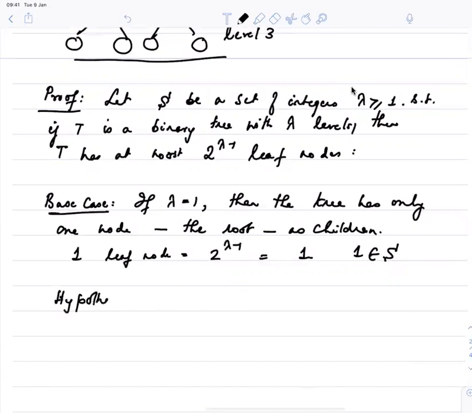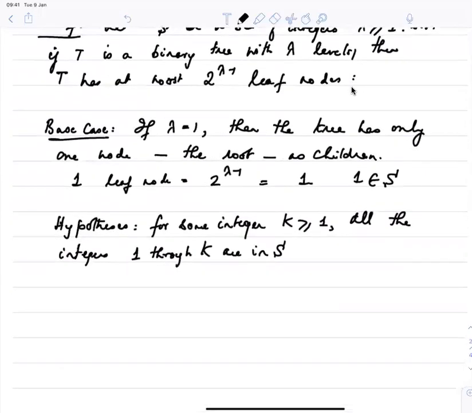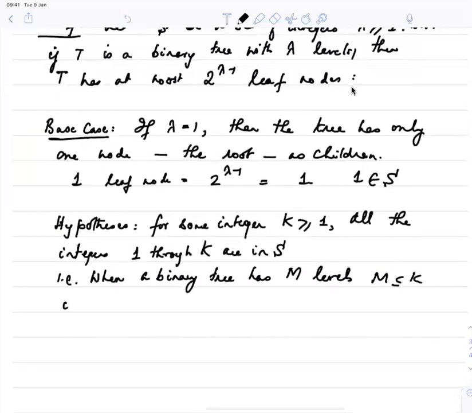Hypothesis: just like before, we will assume for some integer k greater than or equal to 1, all the integers, just like we assumed all of them are in S, integers 1 through k are in S. That is, when a binary tree has m levels, m less than or equal to k, it has at most 2 to the m minus 1 leaf nodes.